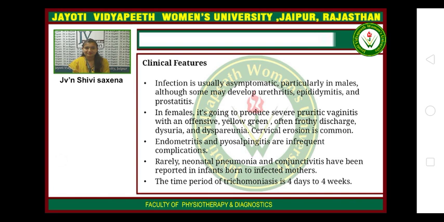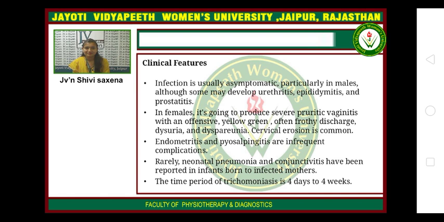Clinical features. Infection is usually asymptomatic, particularly in males, although some may develop urethritis, epididymitis, and prostatitis. In females, it may produce severe pruritic vaginitis with an often offensive yellow-green frothy discharge, dysuria, and cervical erosion is common.